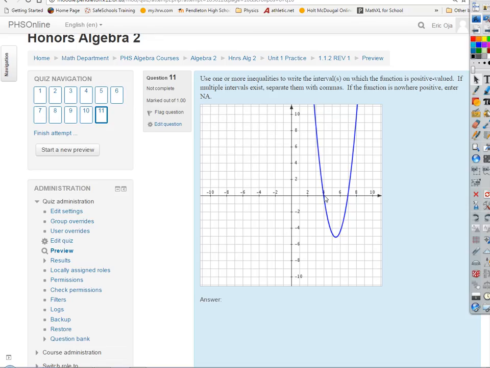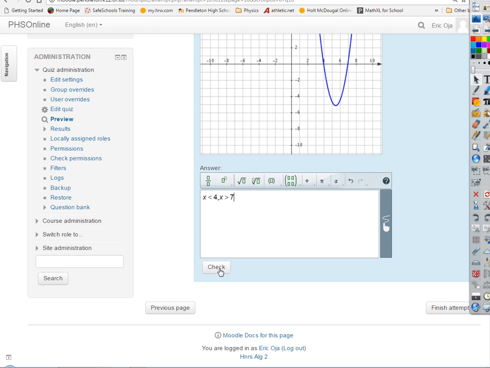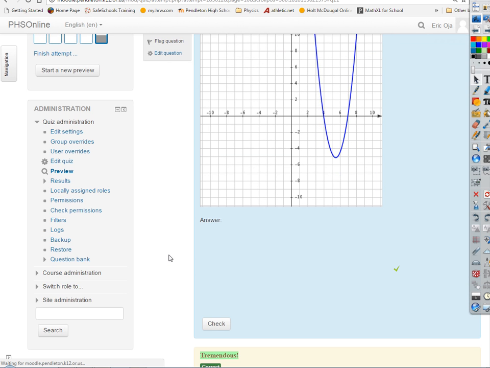For all values between 4 and 7, the function is below the x-axis. So we're only going to include the left and right intervals here. So we'd say x is less than 4, or x is greater than 7. All right, that's it.